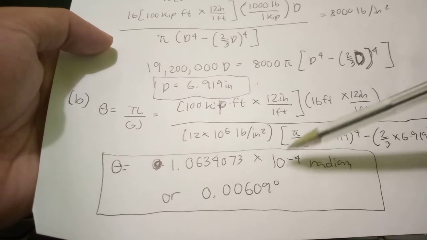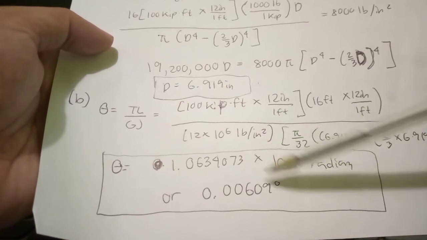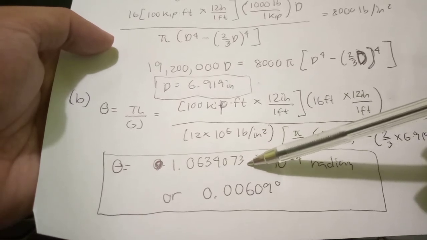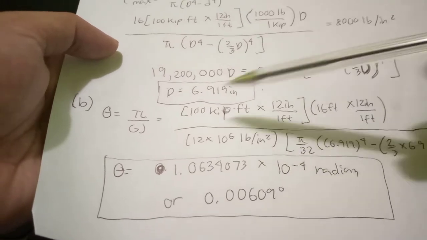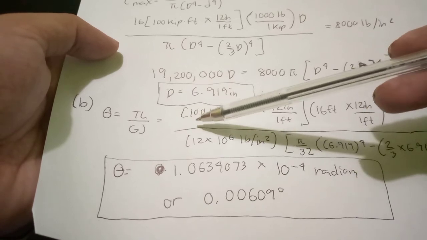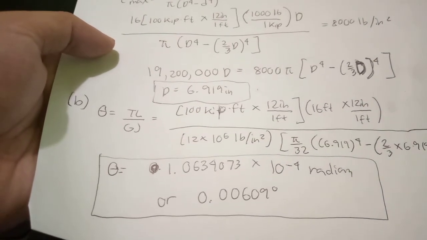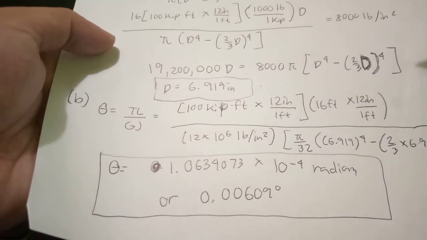So I repeat, in order to get the value in terms of degrees, you multiply the value in radians by 180 divided by pi. And when computing, you need to consider converting all your units uniformly.